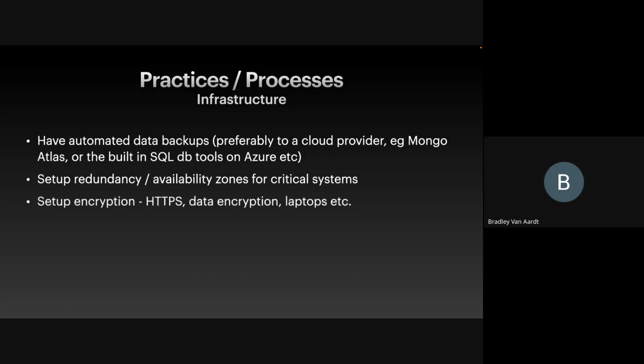Some systems you might judge that you don't actually need it on. If it goes down, you could easily rebuild it, say from a Docker image, for example, or EC2 or something like that. But if there is something that will take a lot of effort or time to rebuild, then you should have redundancy in place there.